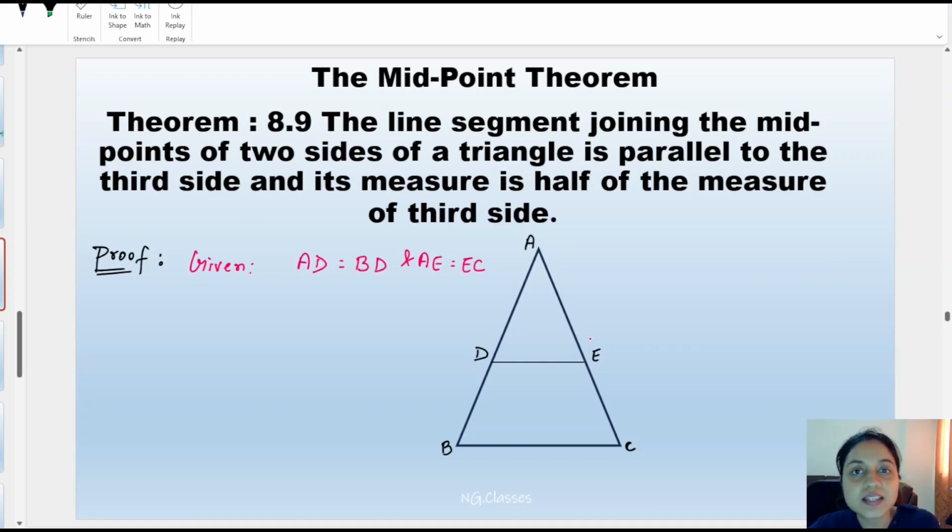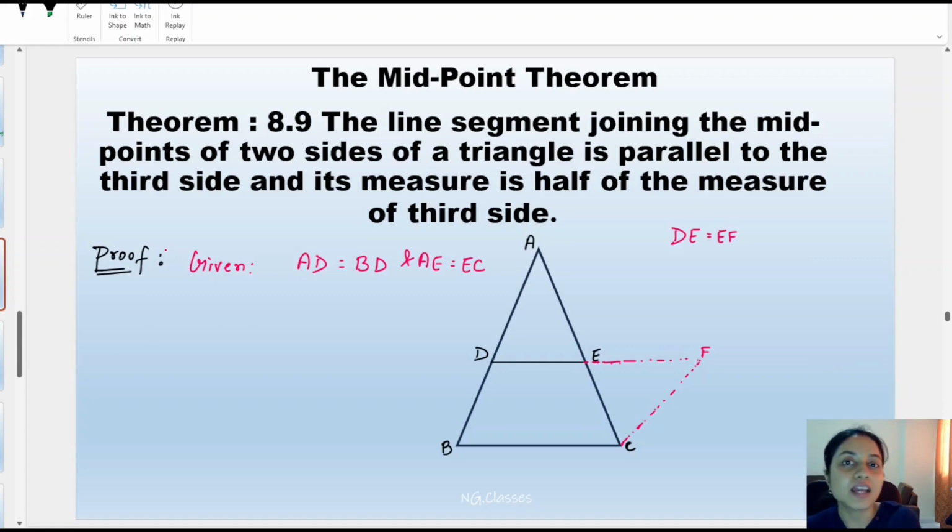Let's extend the side DE up to point F such that DE is equal to EF, and let's join point C with point F. Now we got a triangle, that is triangle CEF.